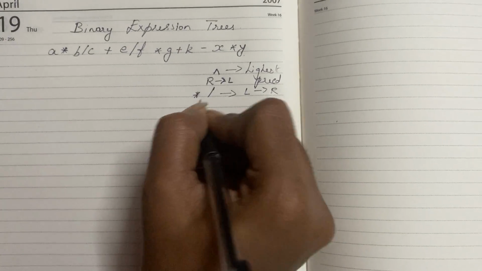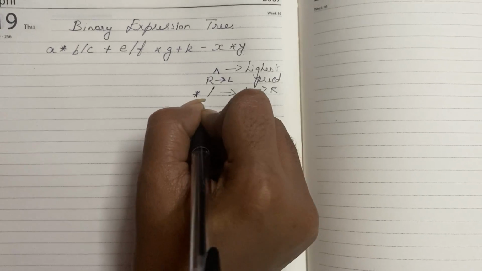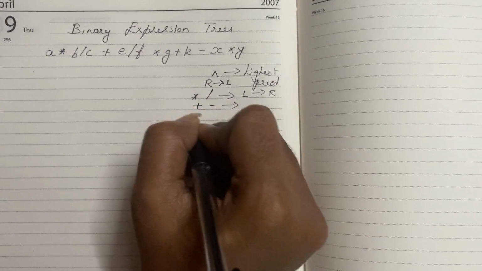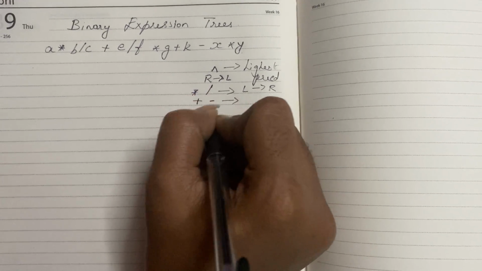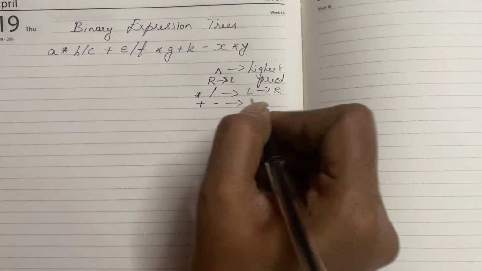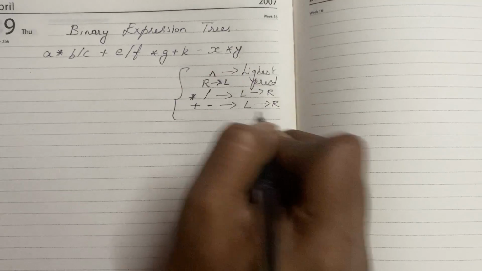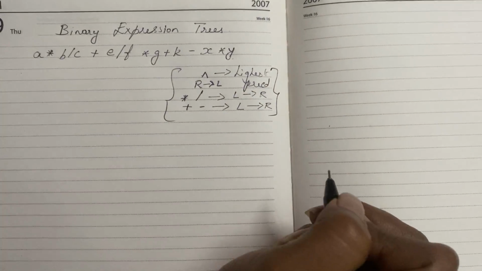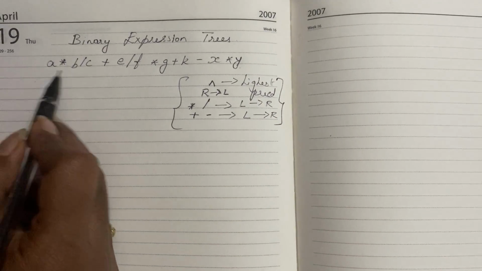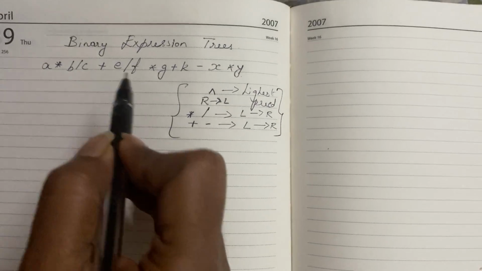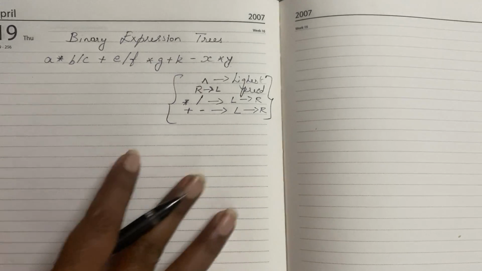The next precedence is plus and minus, which has the lowest precedence. Even if you find operators like this, you have to traverse the equation from left to right. Following this set of rules only, you are going to express this particular equation in a tree format.